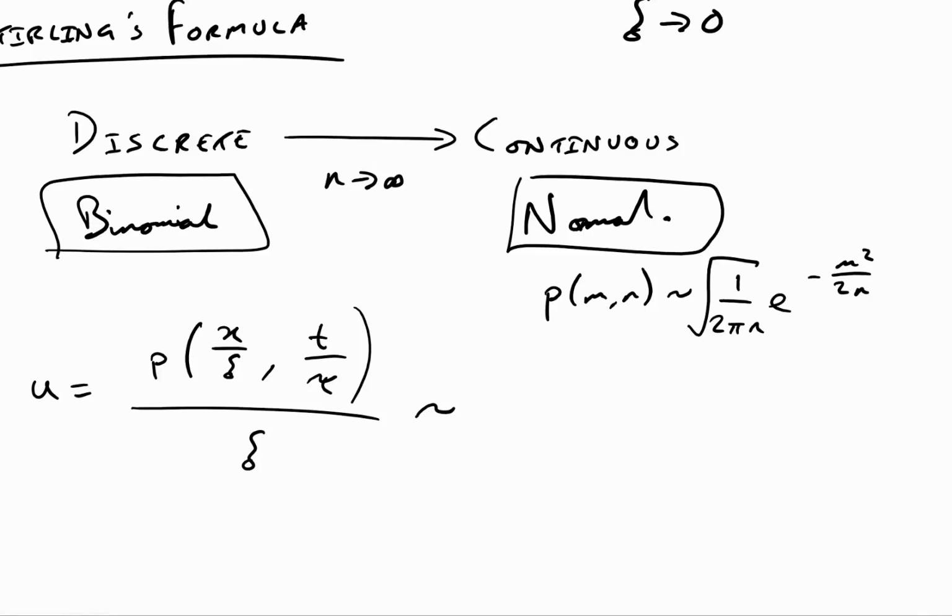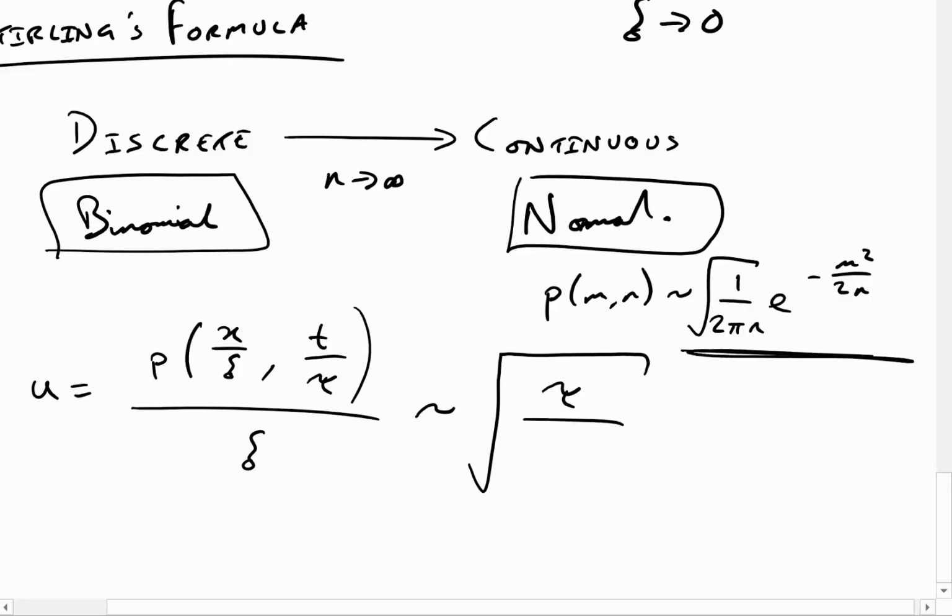Basically now we just substitute in our m's and n's, and this is what it comes out as. If I write it down, it looks something like this. You don't have to worry too much about where this comes from. It's a lot of awkward algebra, but hopefully you can see the relationship between that and that.